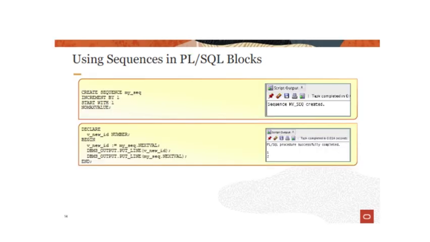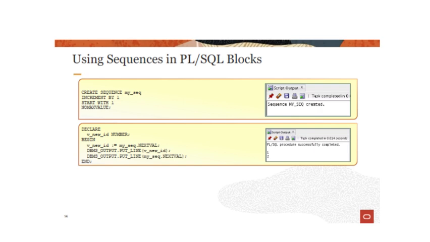The usage of sequences in PL/SQL expressions is similar to that in SQL statements. You can create a sequence once and use it multiple times in an application. You create a sequence by executing the CREATE SEQUENCE statement as shown in the slide. After creating the sequence object, you can access the value of the sequence through the NEXTVAL and CURRVAL pseudocolumns.